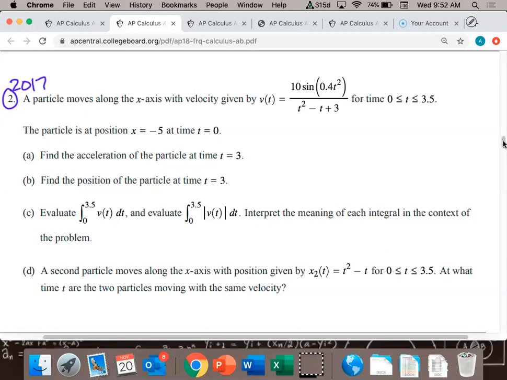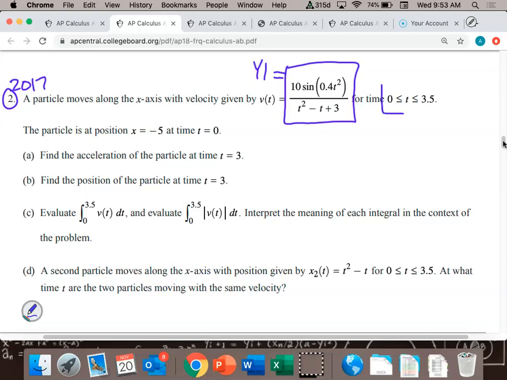What I would have done first, step 1, is put my velocity function into my y1.